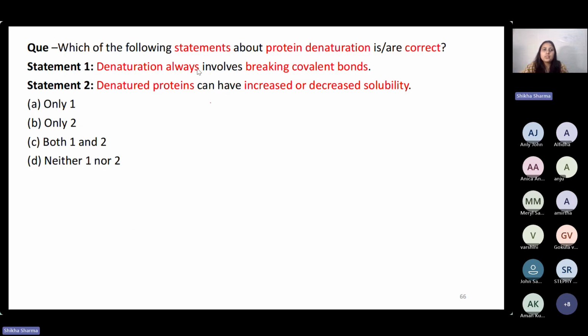So next question is, which of the following statements about protein denaturation is correct? Statement 1 is denaturation always involves breaking covalent bonds. Second is denatured protein can have increased or decreased solubility.